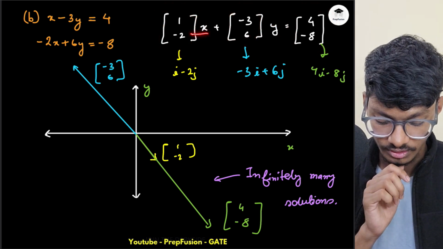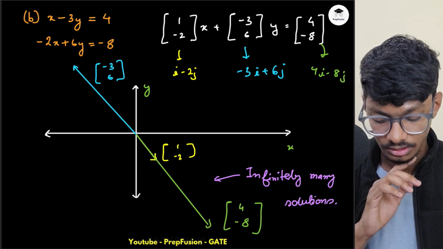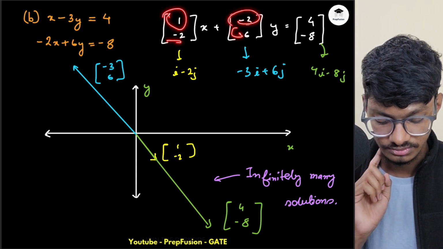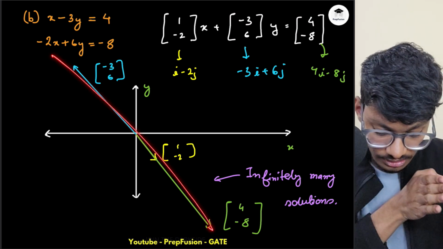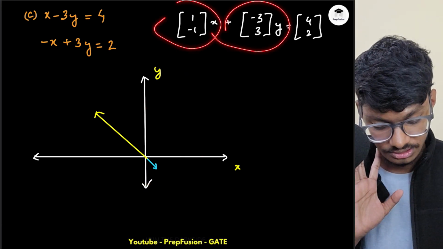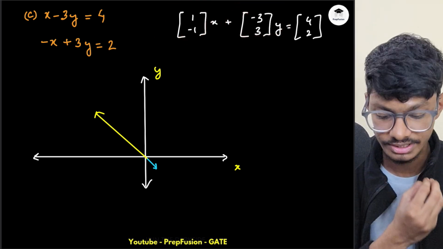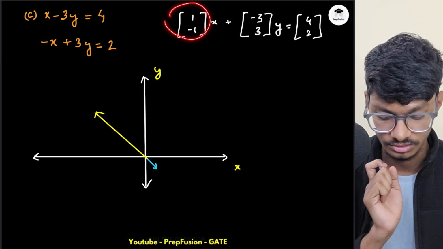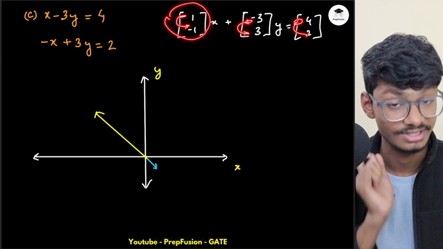This times negative 2 is this, and this times negative 2 is this. All of them are satisfying. Basically they are on the same line, but here these two vectors are satisfying the same relation, but this one isn't anymore, because this is the negative of this, but this isn't the negative of this.